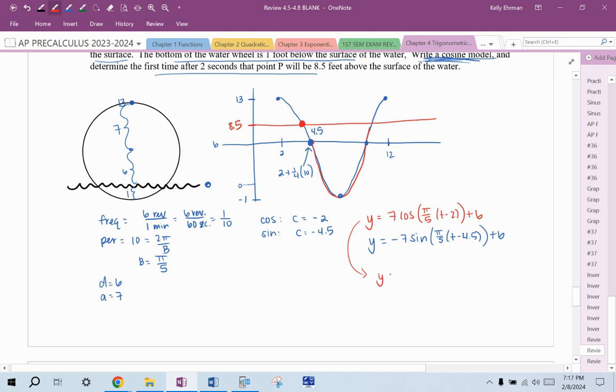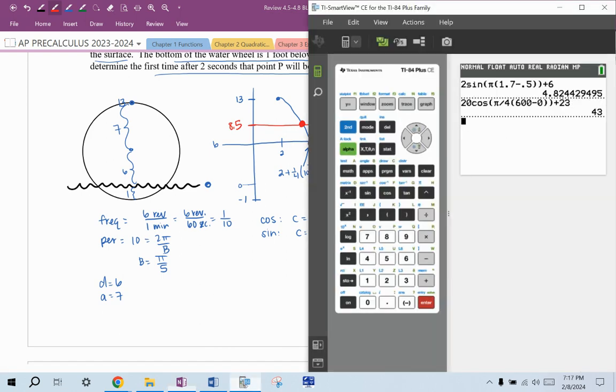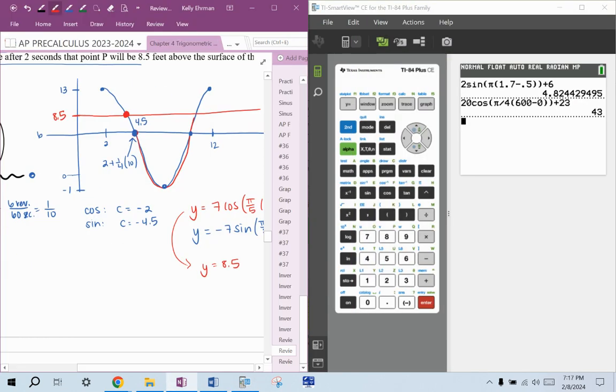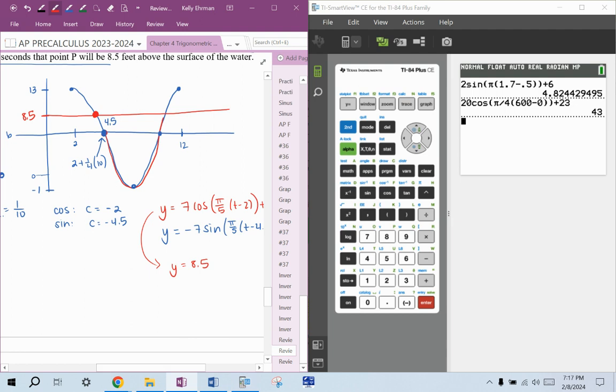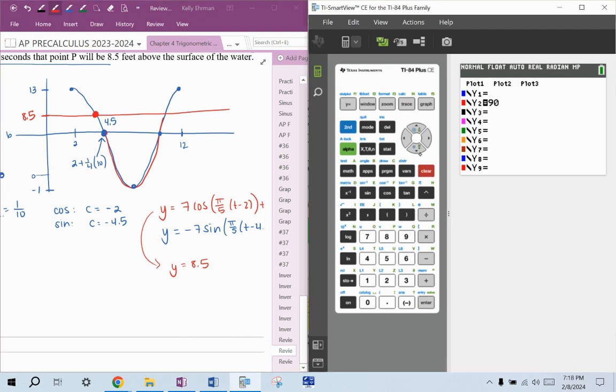So y will equal 8.5, and I need to use my calculator for this. Now, when you're doing the calculator, you've got the window set already. You're not guessing at the window. It's right here. So type your equations into y equals. This one's going to be 7 cosine of pi over 5 times x minus 2, parentheses, plus 6.